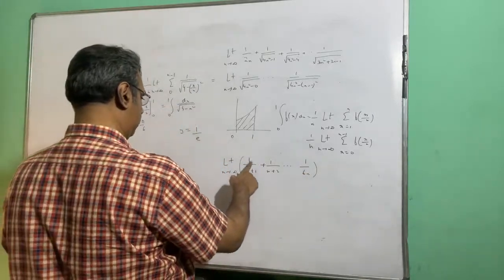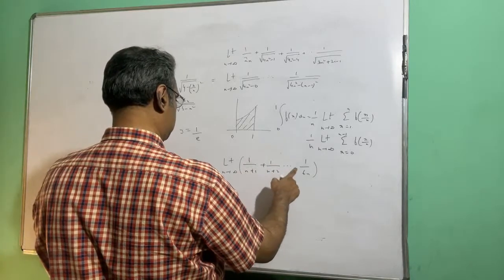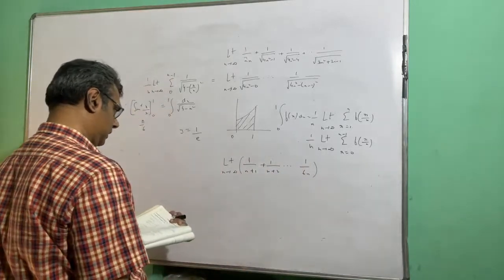So limit n tends to infinity, 1 by n plus 1 plus 1 by n plus 2 dot dot dot 1 by 6n. This is the question.